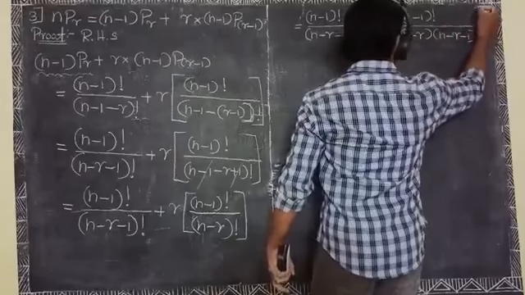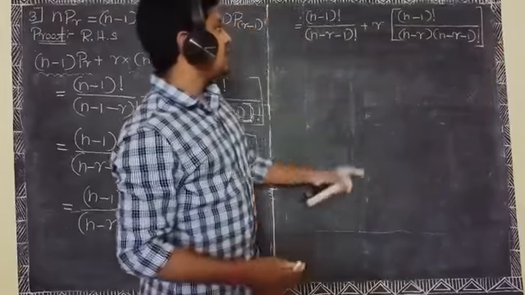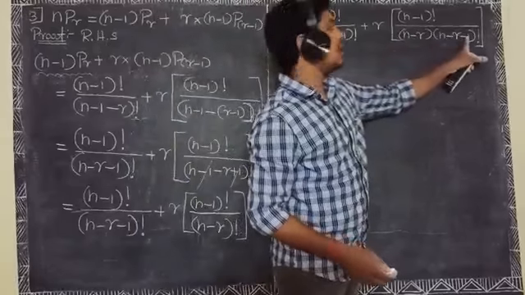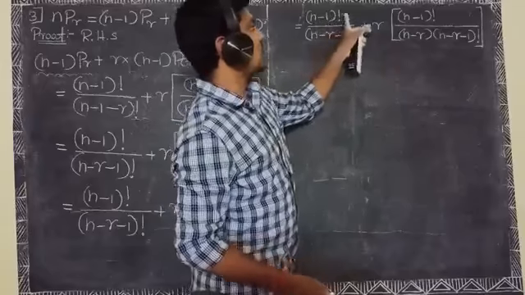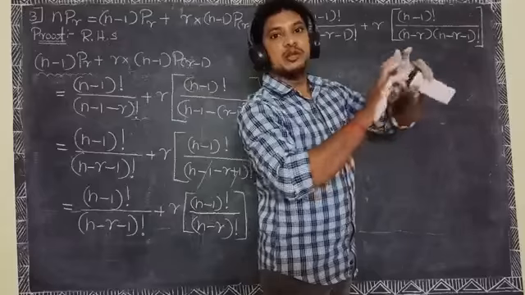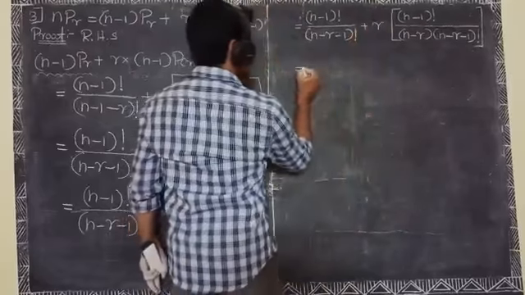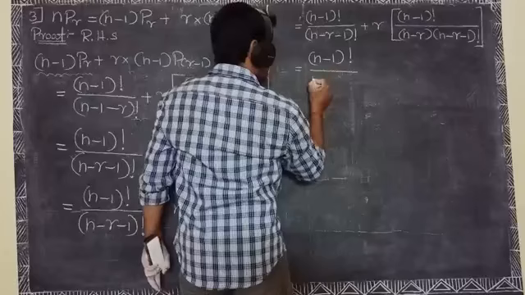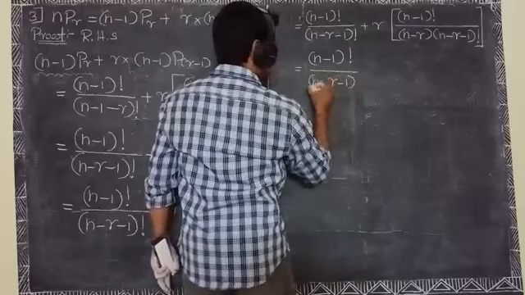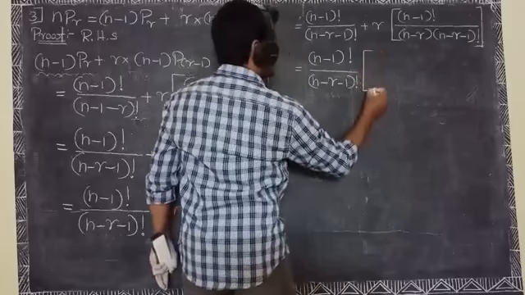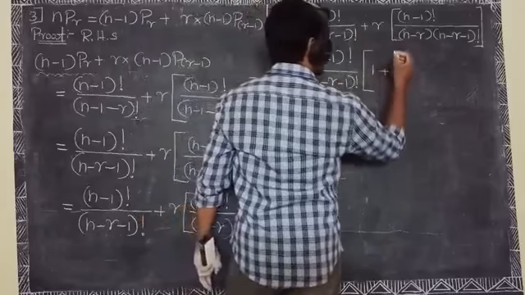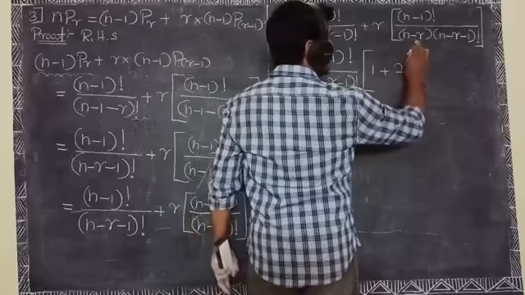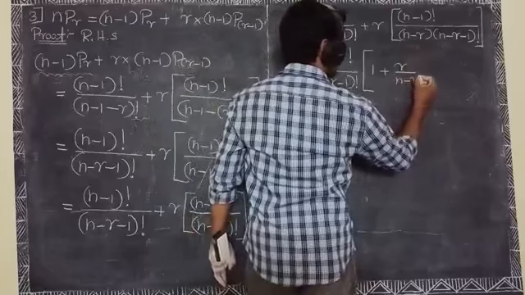Here the denominator is (n minus r minus 1) factorial in both terms, and the numerator (n minus 1) factorial is common in both terms. Take it outside, that is (n minus 1) factorial divided by (n minus r minus 1) factorial. In the first term it is 1, plus in the second term r, then the numerator is r and the denominator is n minus r.